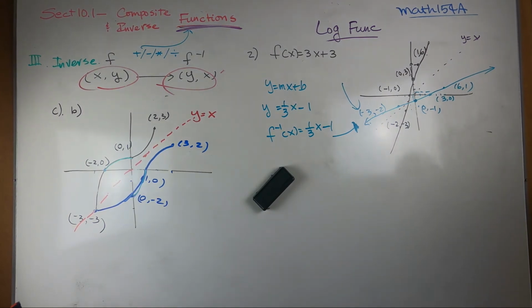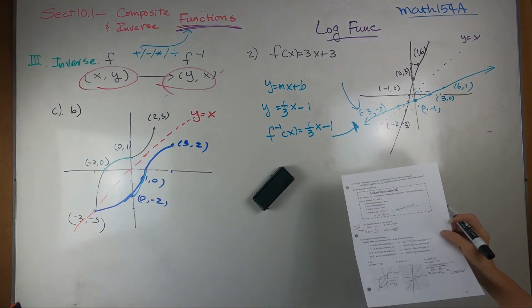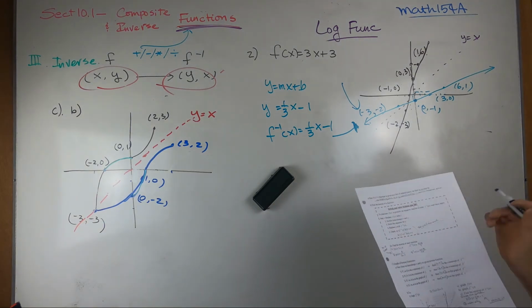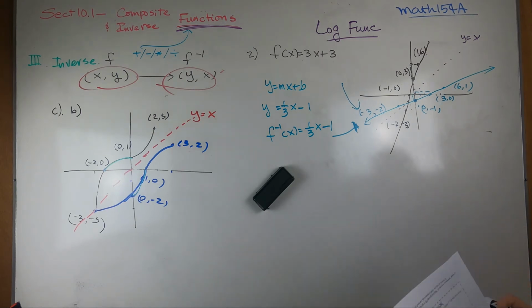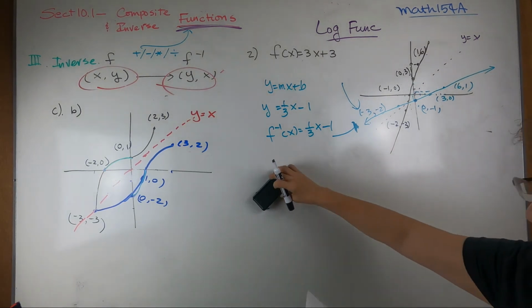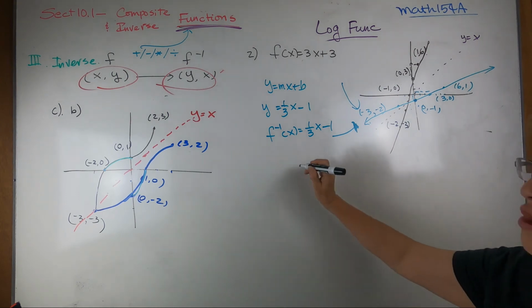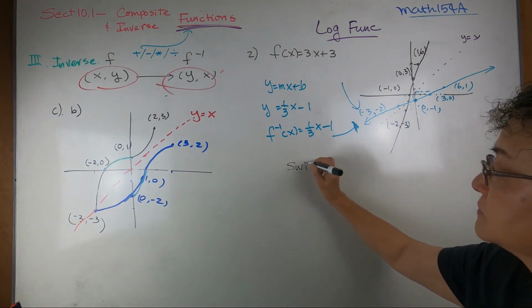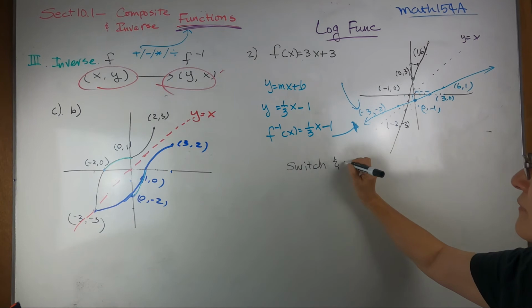So what we need to do is do it algebraically. So how should we do it? Look at your page 28. The steps are on the top. Okay? So it's called switch and solve.